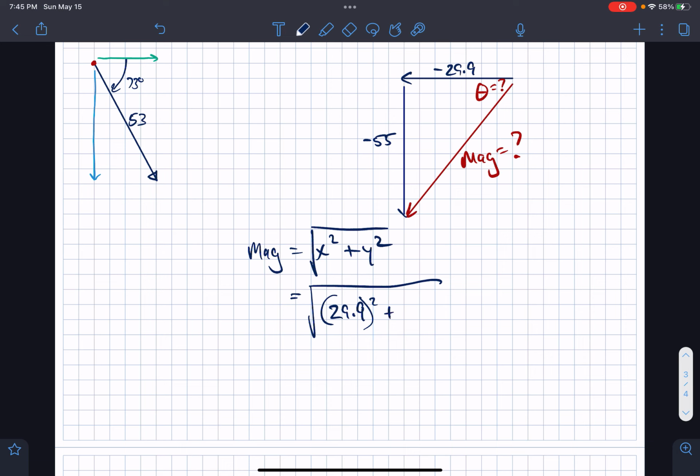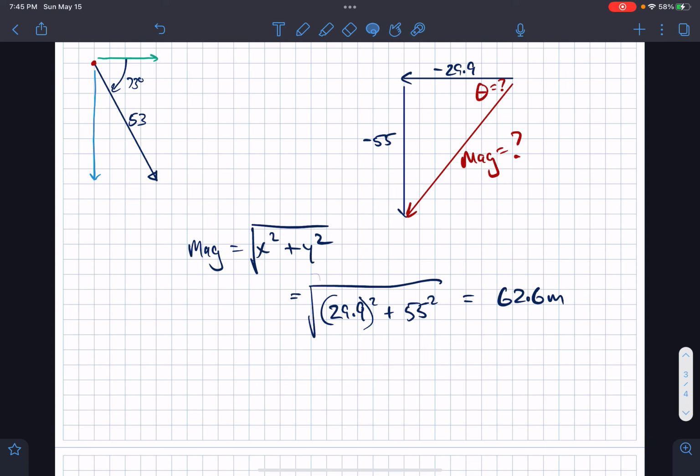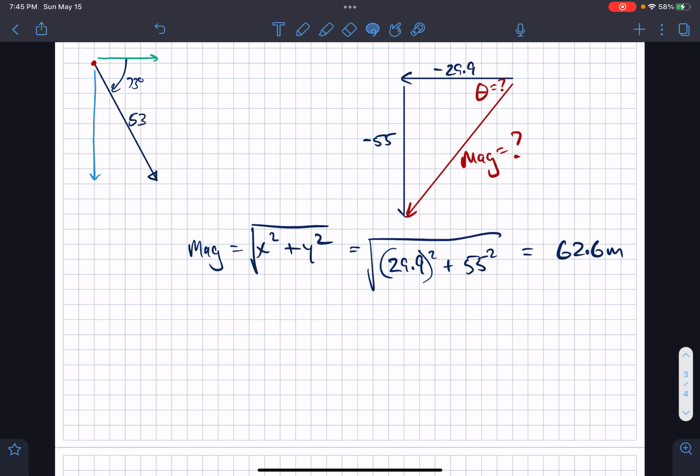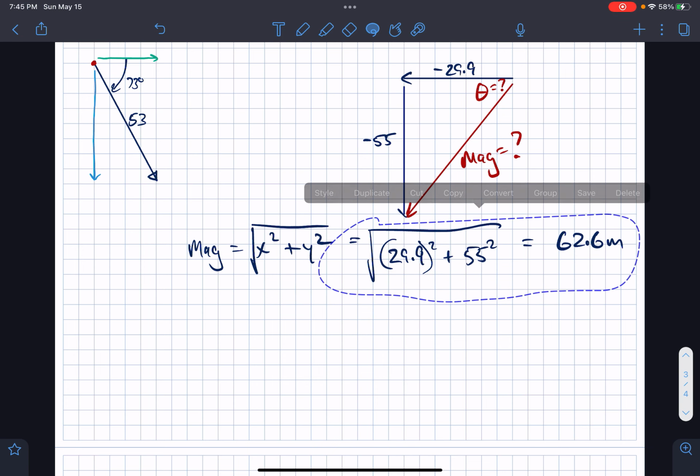Plus the y squared, it's going to be 55 squared. 29.9 squared plus 55 squared, square root of that, 62.6. 62.6 meters. That's going to be our length, or our distance, you might say, of our resultant vector.